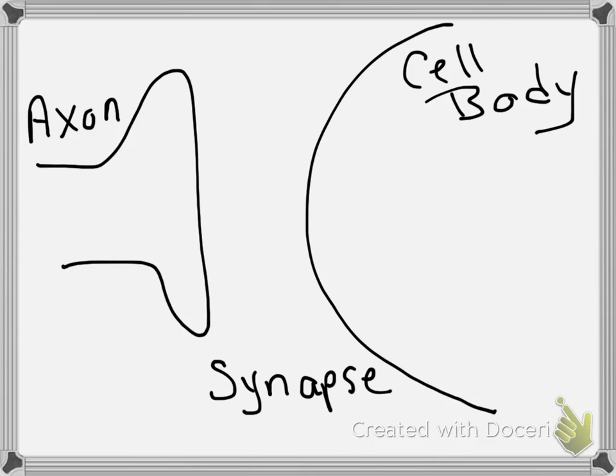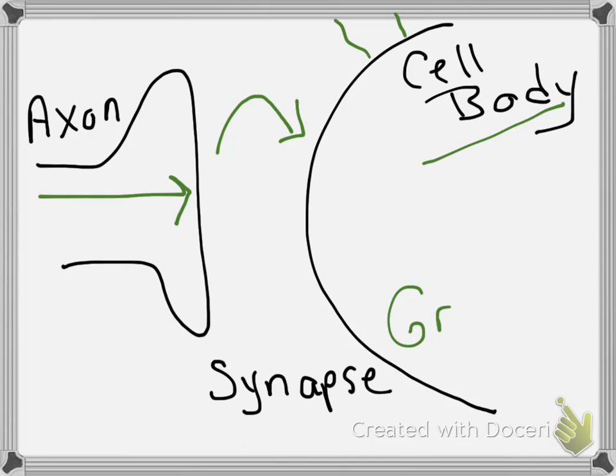Looking at two cells communicating with each other, the information is coming down the axon from one cell and is going to reach the end of the cell, and this area here is called the synaptic bulb. The information then has to cross the synapse and then is going to elicit a response in the cell body. It is in the cell body, or potentially the dendrites, where these graded responses are occurring.